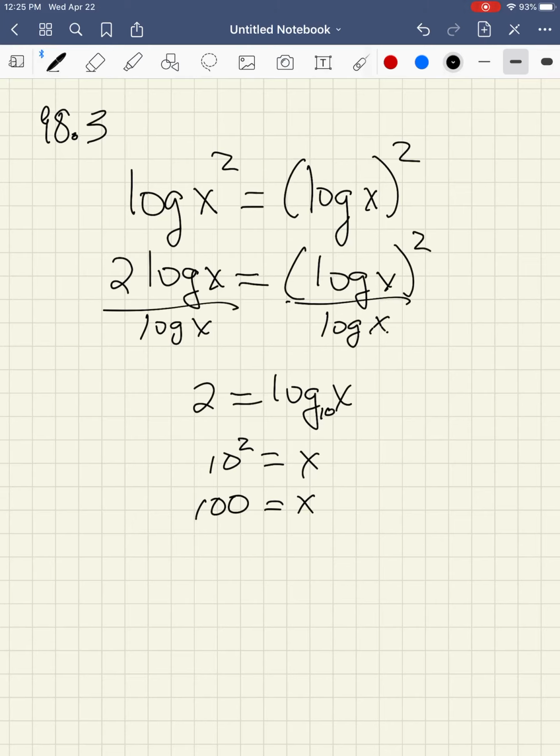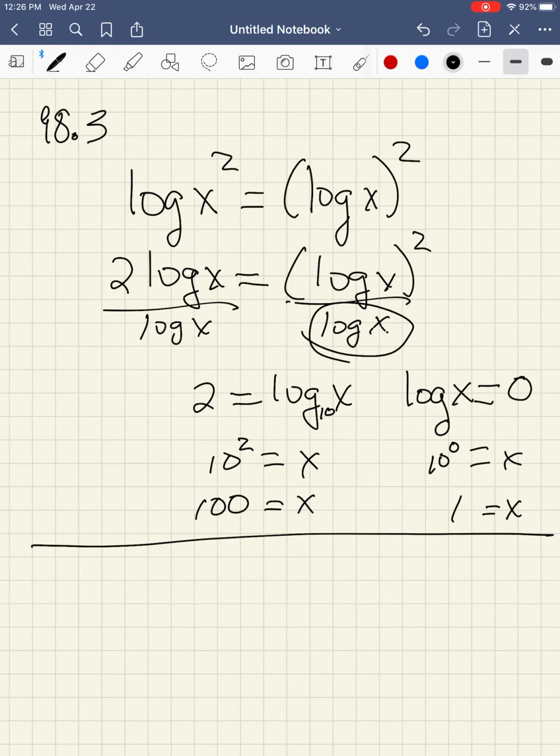The problem is, when we divided by this log of x, we actually lost a solution by doing that. So you have to go back and also set that solution equal to 0 in order to get the other solution that we lost by dividing that factor out. So this would be 10 to the 0 is equal to x, or x is equal to 1. All right, so that's the first way that you can do it.